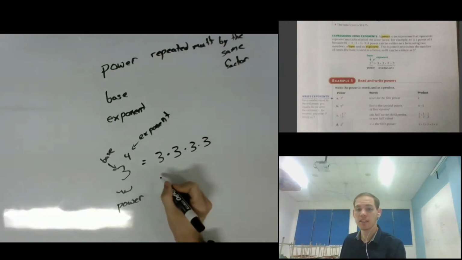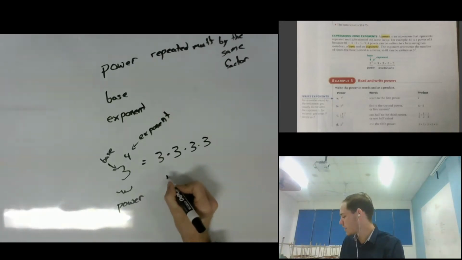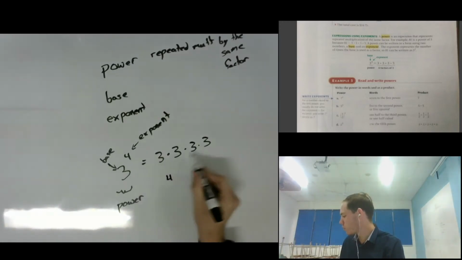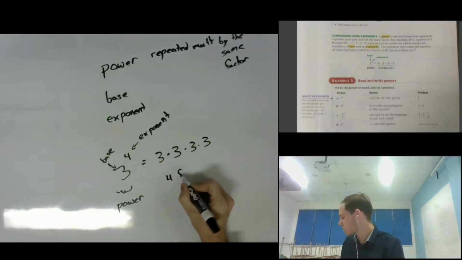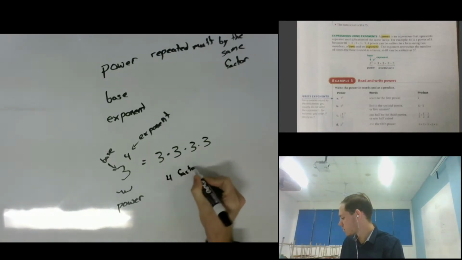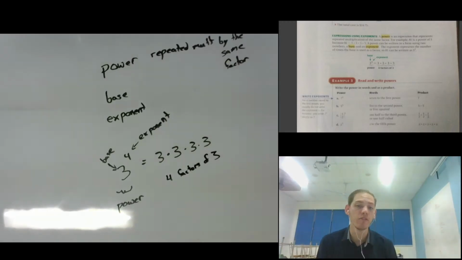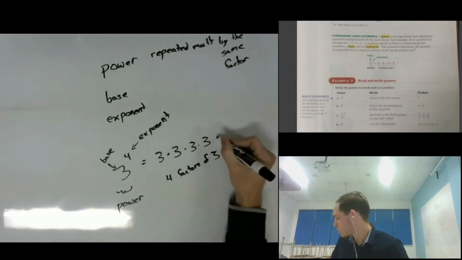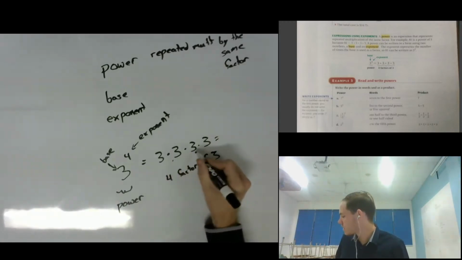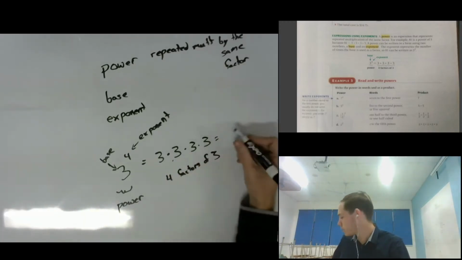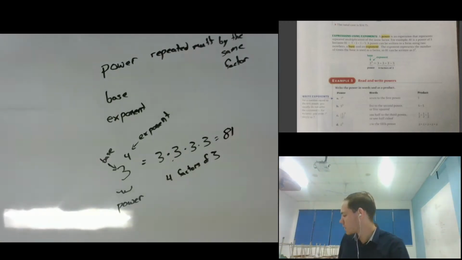So essentially we wrote 4 factors of 3, okay? So we wrote 3 four times. And if we multiply that, what's 3 times 3? 9, times 3 is 27, times 3 is 81.